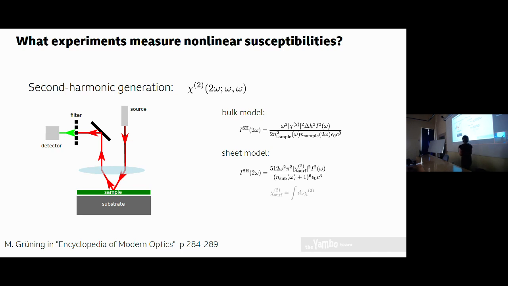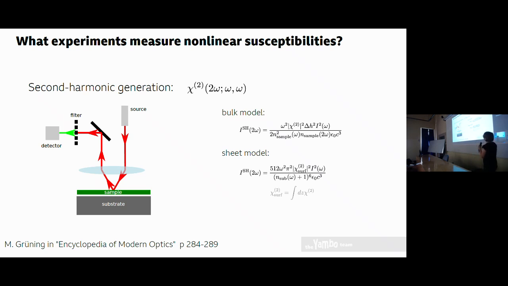For example, you can imagine a prism which divides all the different harmonics present in the light. Then one looks at the intensity of the signal at twice the laser frequency, and this is what is measured. Then one has to apply some model to extract the second order susceptibility from there.